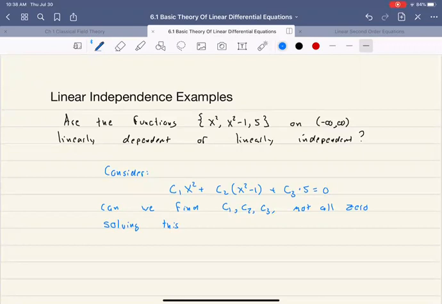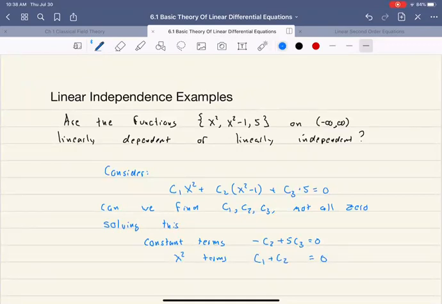So let's go ahead and see. This is actually very similar to what you do during partial fractions, right? So the constant terms: negative c2 plus 5c3 equals 0. There's no x terms, and there is an x squared term: c1 plus c2 equals 0.